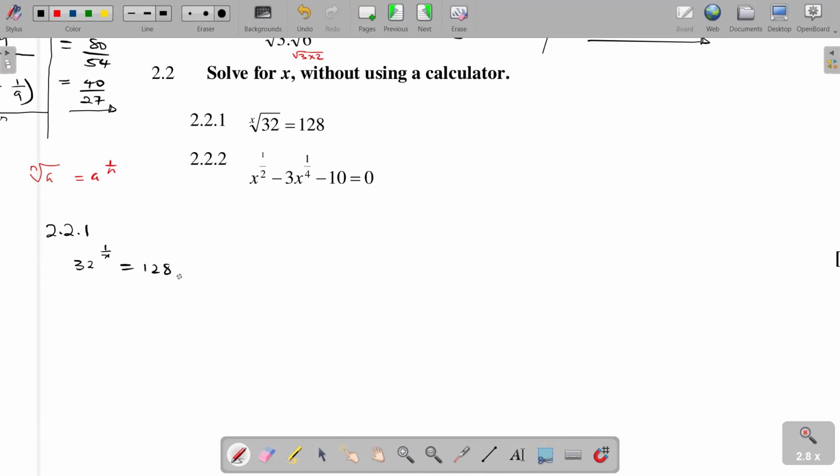Then check if these bases can be expressed as exponents with the same base. 32 can be written as 2 to the power 5.